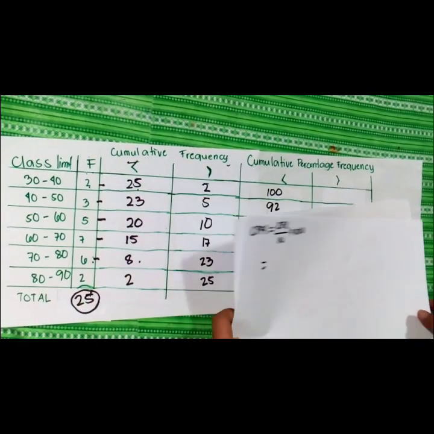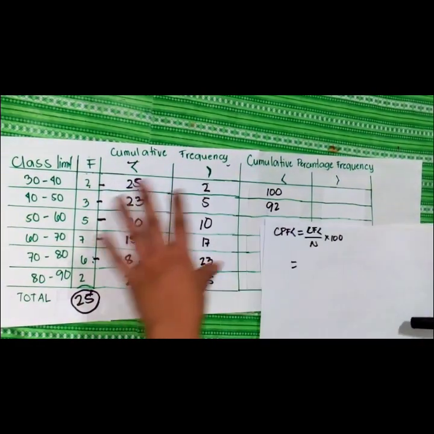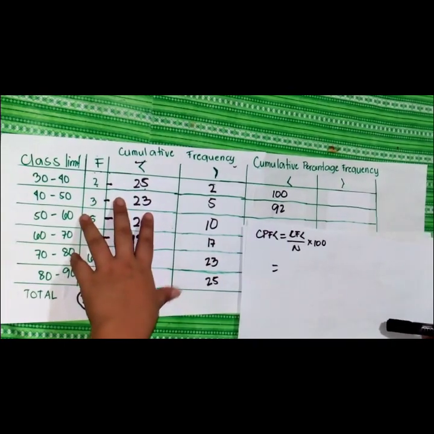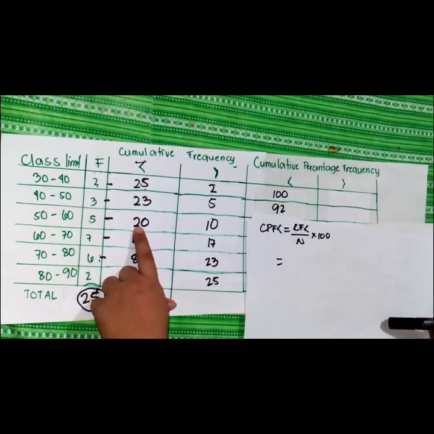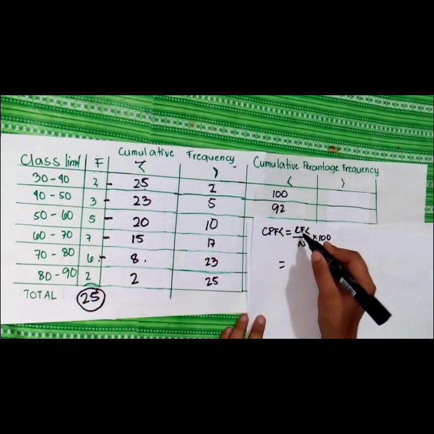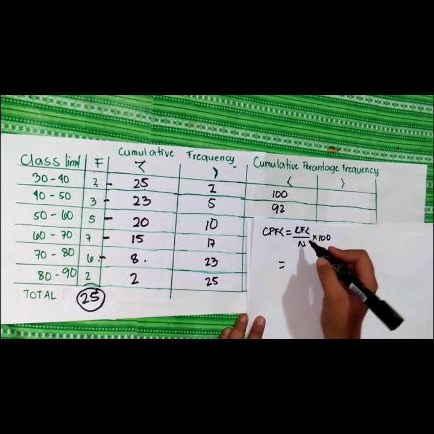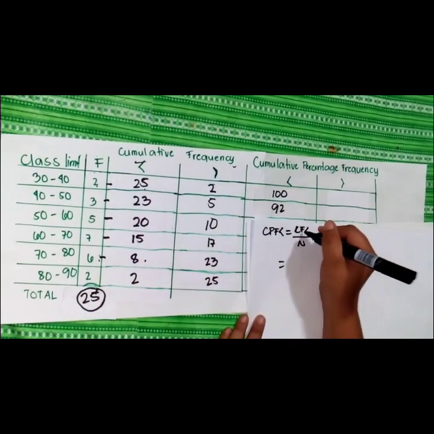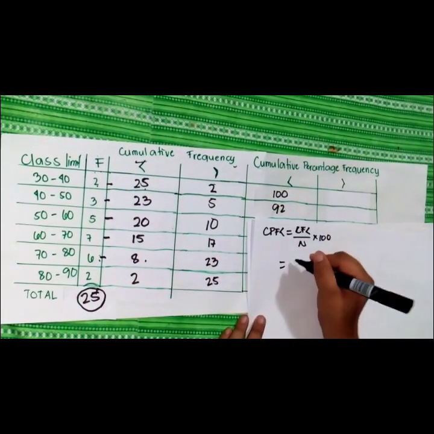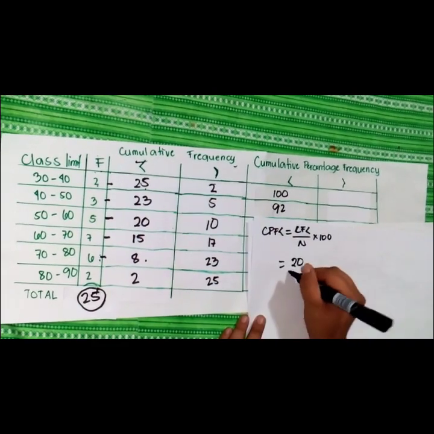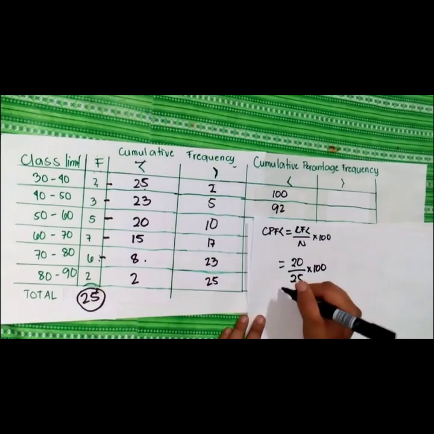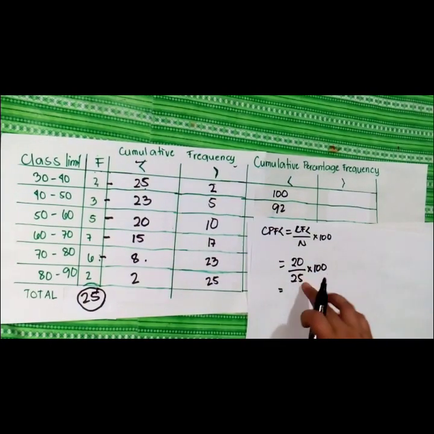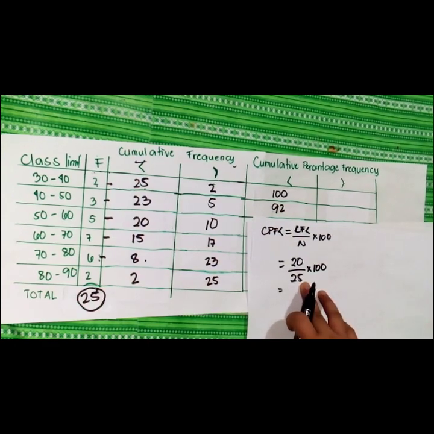In the third row, the cumulative frequency lesser than is 20, so we write 20. We have a number of cases, 25. So 20 divided by the number of cases, 25, is equals to 0.8.